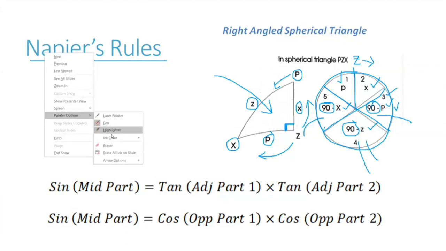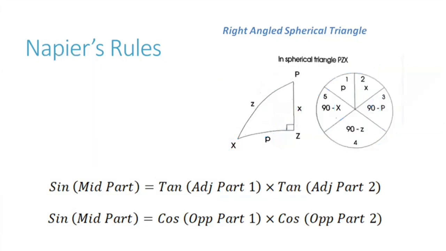Now, as I told you, you can go clockwise, you can go anti-clockwise. If you want, you can go clockwise in one part and anti-clockwise in the other part. Like in the triangle, if you want to go anti-clockwise, it is perfectly fine. In the circle, if you want to go clockwise, it is perfectly okay.